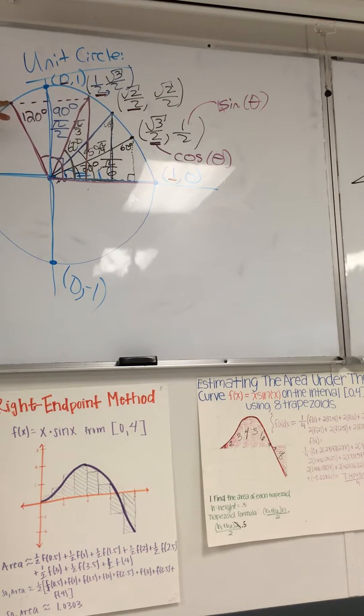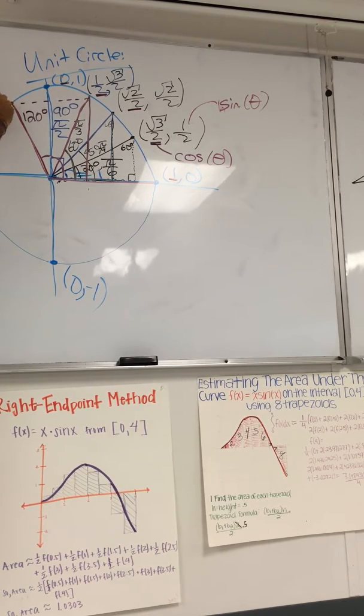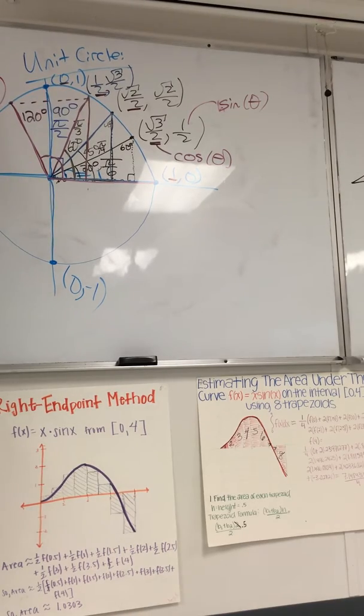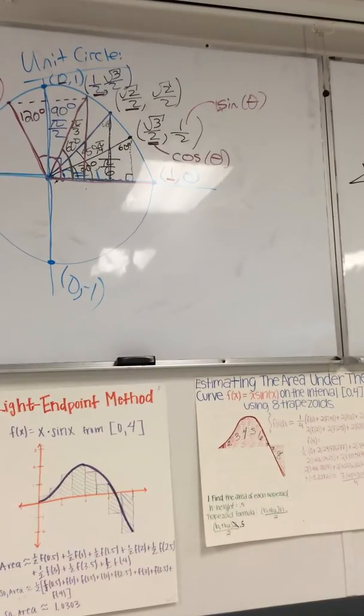This point has the exact same y value as this point. So this is just root 3 over 2. And the x value, well, I'm on the left side, so it must be negative 1/2. That's all it is.